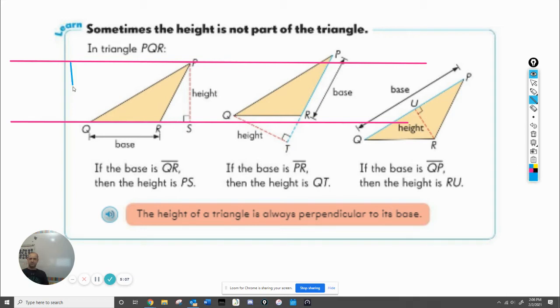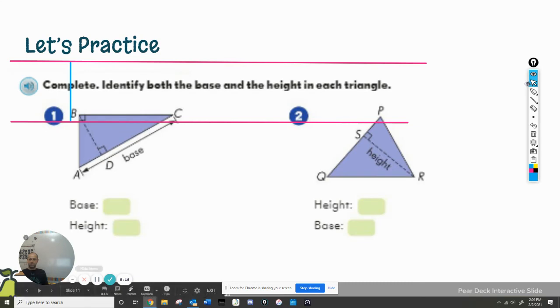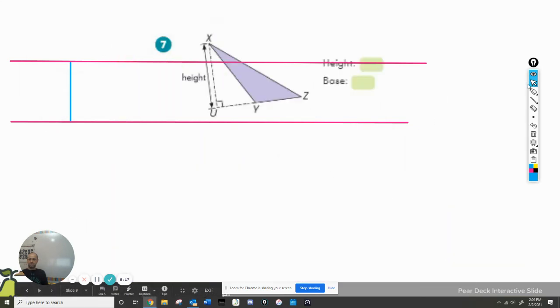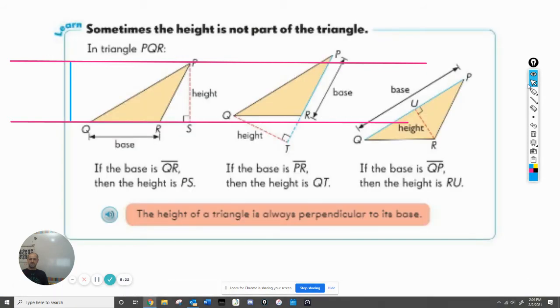So if I take this blue line right here, and please be able to move this. Come on. I should be able to take this blue line, and anywhere along that blue line, the height measurement should be the same.